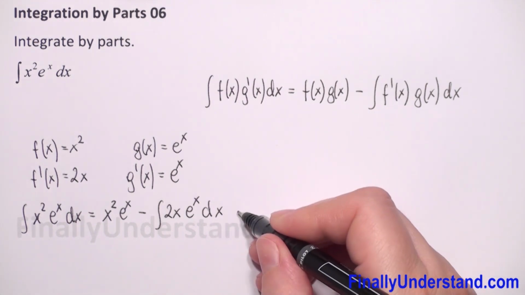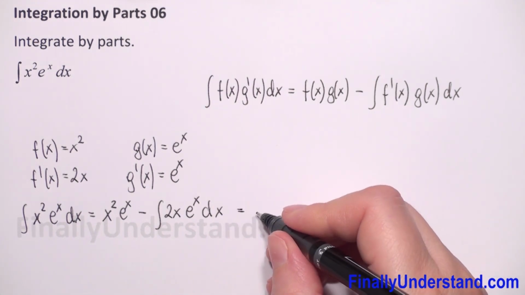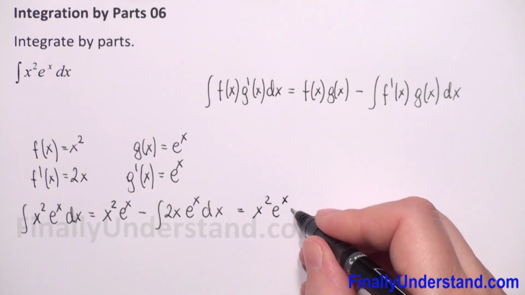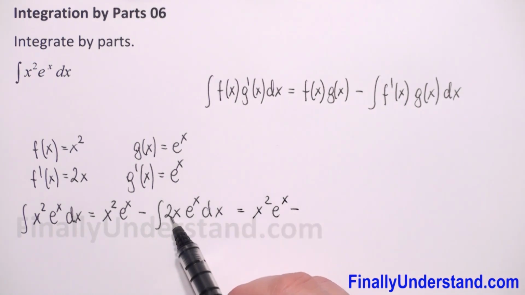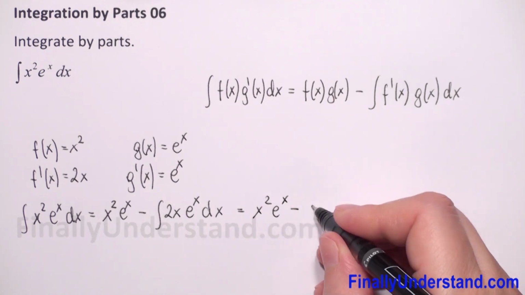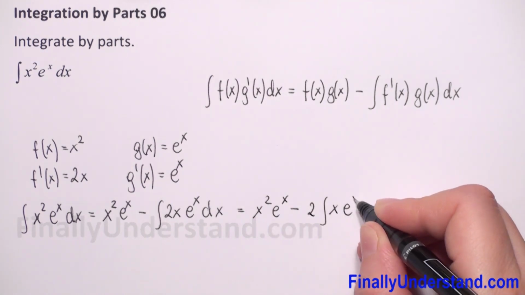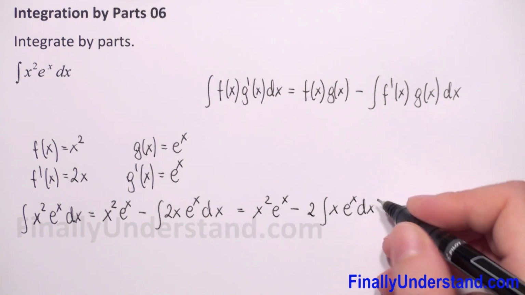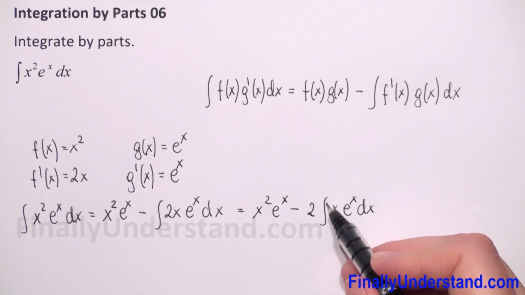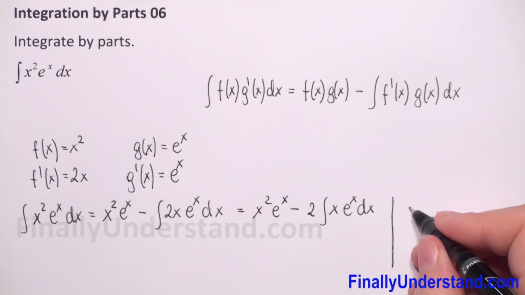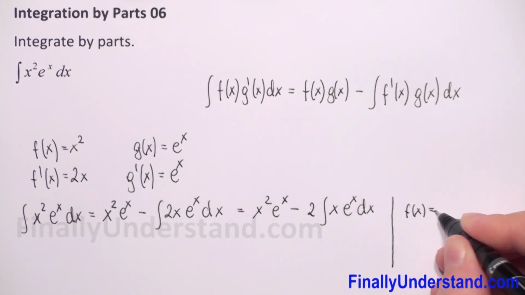So this is equal, let me copy, x squared e to power x, minus, and first I will take this constant before the integral, so it will be 2 times integral of x times e to power x with respect to x. Now, to solve this integral, I will put f of x equal to x.